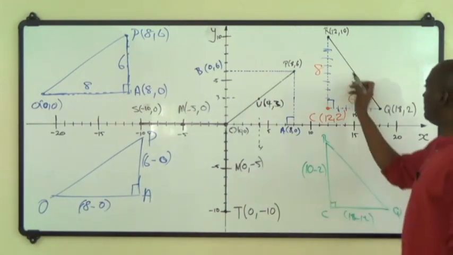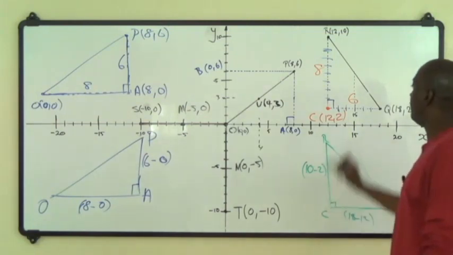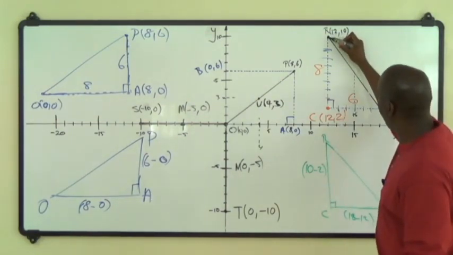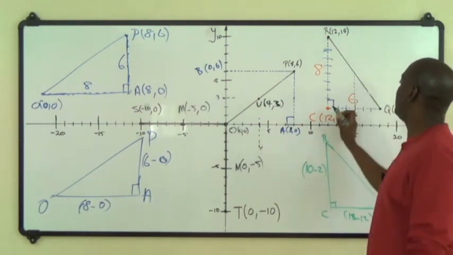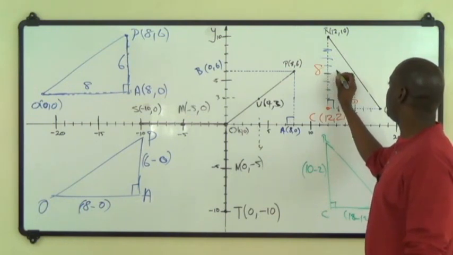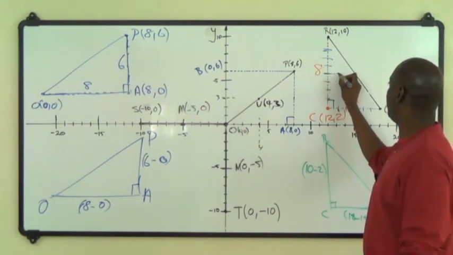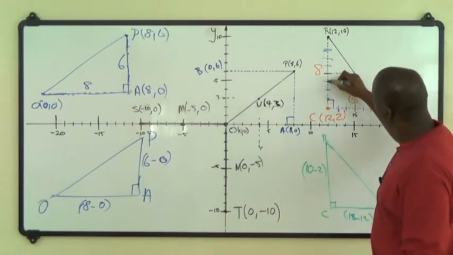And we expect the same thing to happen on this line. So in the same way that we move from 2 to 10, which gives us a movement of 8, we expect to move 4. This will be 6, and then we come across here as a midpoint.